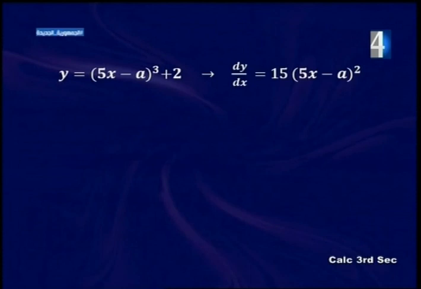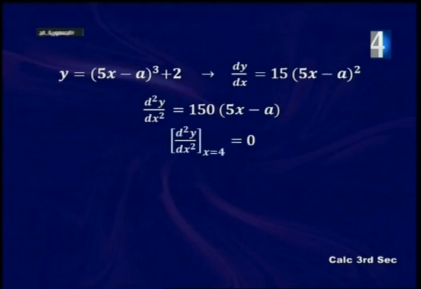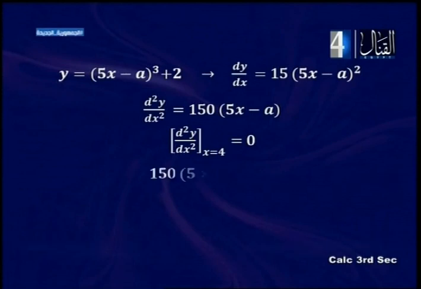What is the second derivative d2y dx squared? 15 multiplied by 2 multiplied by 5, which equals 150, multiplied by 5x minus a to the power 1. At x equals 4, d2y dx squared equals 0. Then 150 multiplied by 5 times 4 minus a equals 0.